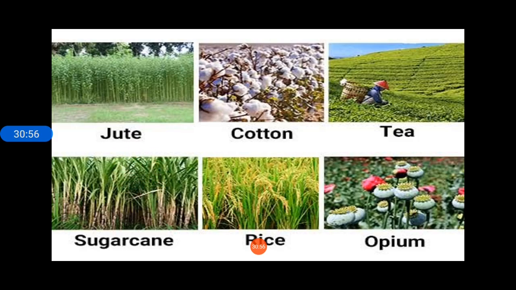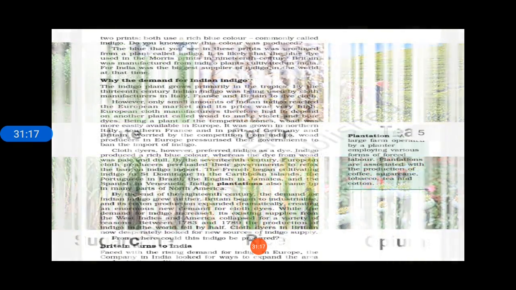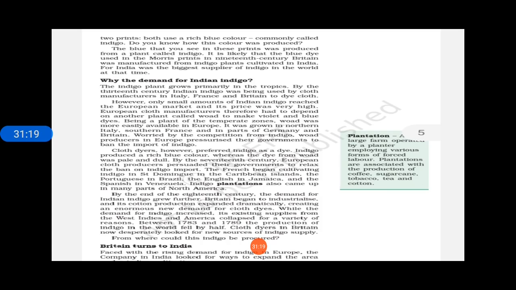Then rice again in Bengal, and wheat in Punjab, and cotton in Maharashtra, and rice in Madras and Bengal also. So in different parts of India, different cash crops were grown by the Indian farmers because of the force of the Britishers.